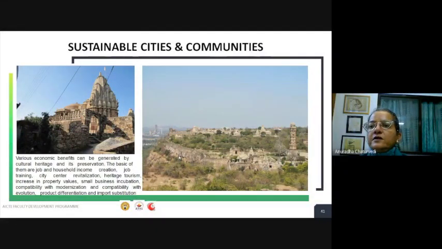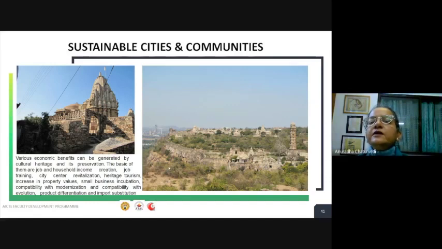There are many studies which have been done in relation to the various economic benefits which can be generated through using cultural heritage as a resource through proper conservation and management efforts.